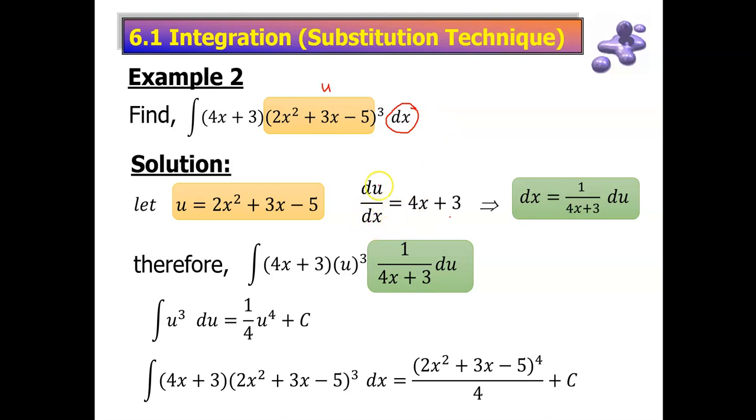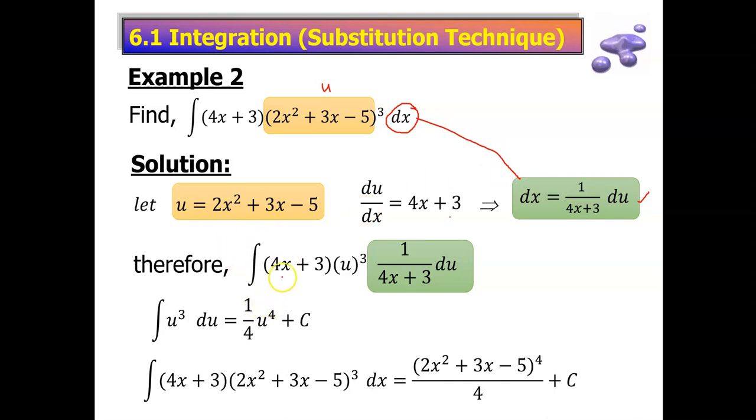After you get this, you rearrange, bring this dx to the right hand side, and bring this whole thing to the left hand side. So it becomes over 4x plus 3. So dx is equal to 1 over 4x plus 3 du. Now you can substitute this into the green box over here. You already have the dx, right?